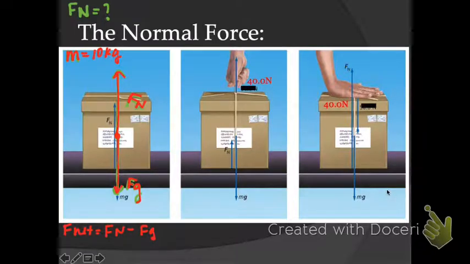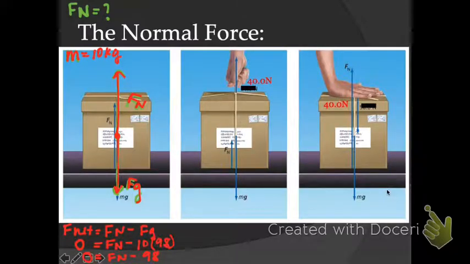Agreed? Now I plug in the information I know. My F net is equal to 0 because my object's not moving in the vertical direction. Fn is what I'm solving for, and how can I solve for Fg? It's mass times 9.8. So I plug that in, which means I have 0 equals Fn minus 98.